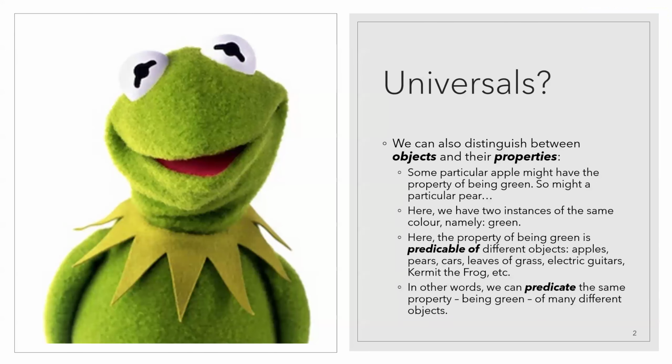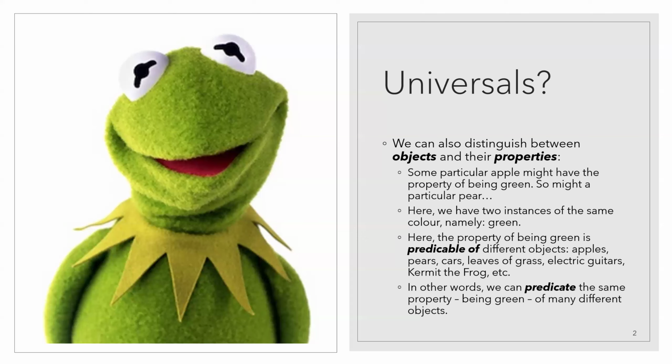We can also distinguish between the objects that we're talking about and the properties that they have. So some apple might have the property of being green. So might a pear or an avocado, right? In each case, we have different instances of the same color, which is green.